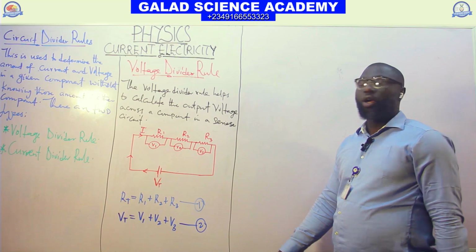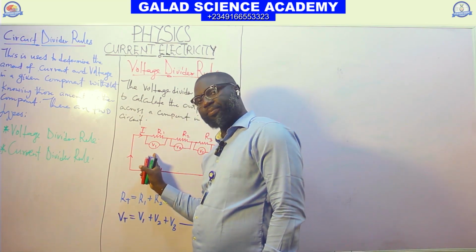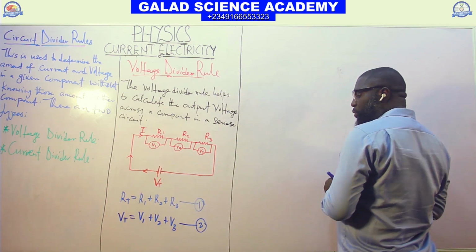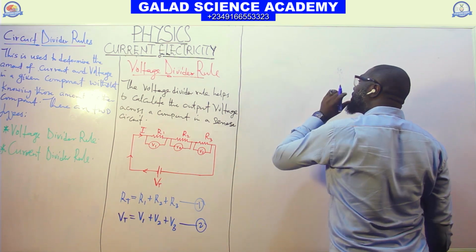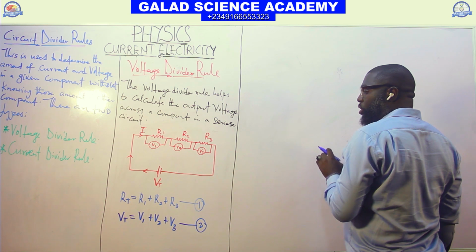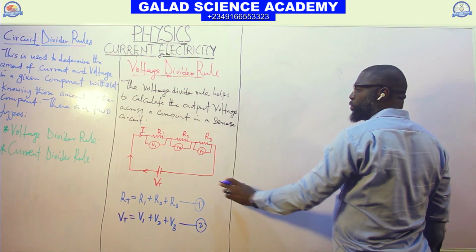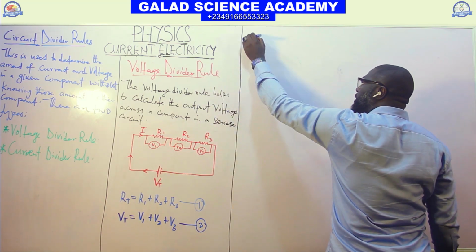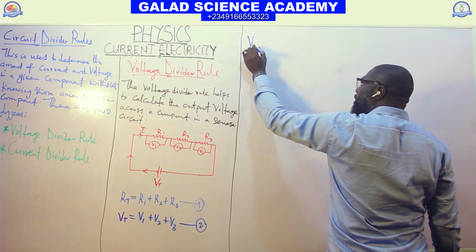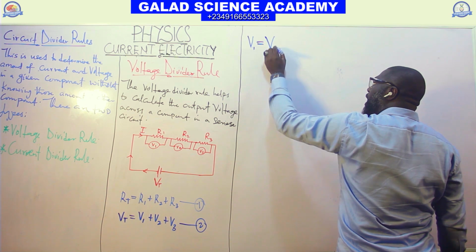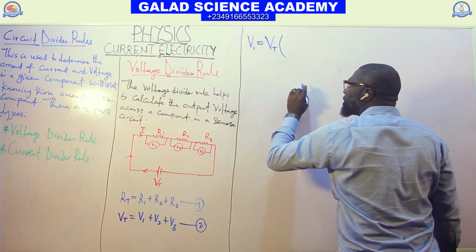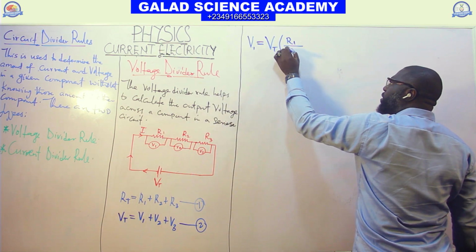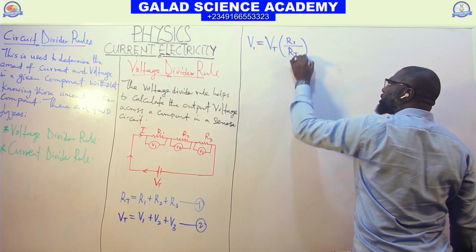If you now ask what is the voltage drop or the output voltage of R1, the voltage divider rule states that the output voltage V1 will be equal to the total voltage times R1 over the total resistance in the circuit.